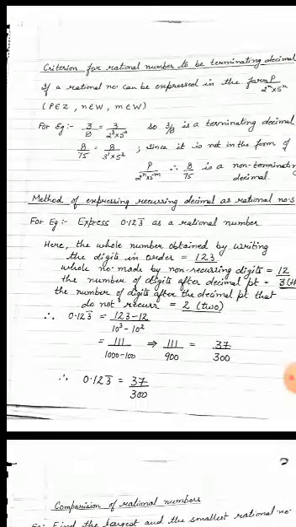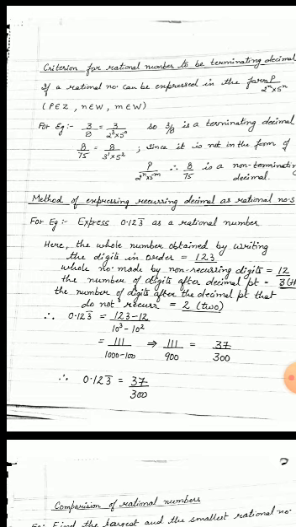Next, we come up to the criteria for a rational number to be a terminating decimal. How do you find whether a particular rational number is a terminating decimal or a non-terminating decimal? If a rational number can be expressed in the form p upon 2 raised to the power n multiplied by 5 raised to the power m, where p is an integer and n and m are whole numbers, it is terminating.